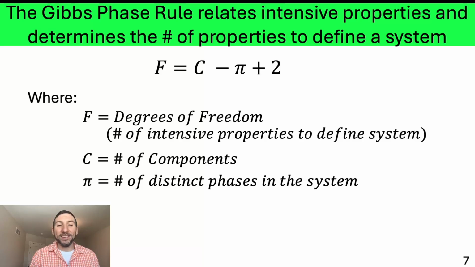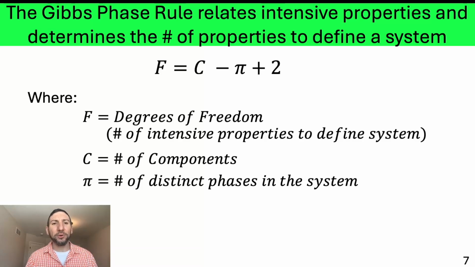And that means that there's a very specific pressure and temperature for that to occur. In other scenarios, you won't be as specific, and therefore you have more degrees of freedom, and therefore you need to know other properties in order to set the stage and know everything else of your system. And that's why the Gibbs Phase Rule is really helpful and important.